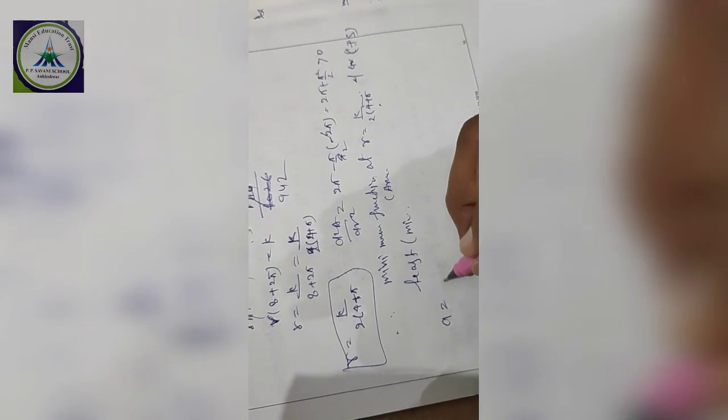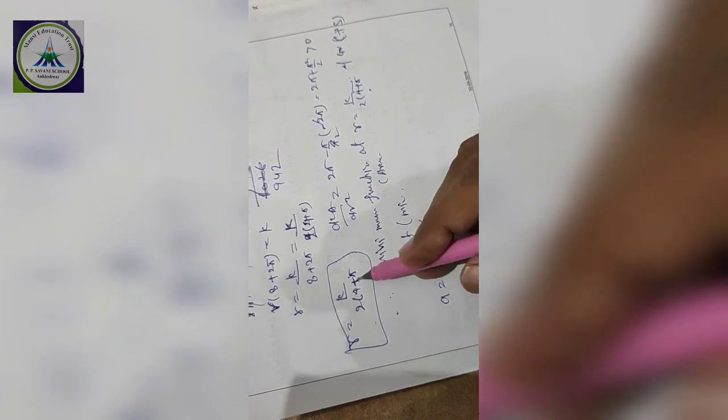So a equals (k minus 2 pi r) upon 4, and r equals this, so find k first: k equals 2r(4 plus pi). Then a equals, putting the value of k, (2r(4 plus pi) minus 2 pi r) upon 4.